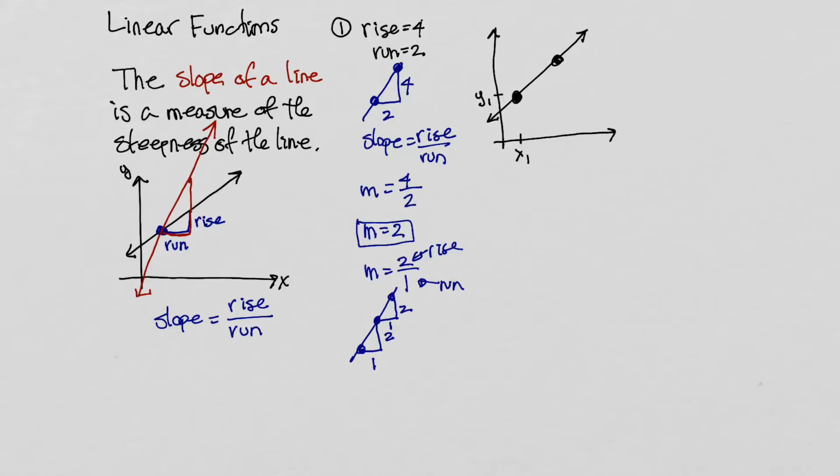So there's an ordered pair here, x1, y1. Same for this point, it has an ordered pair. Let's say this is at x2 for the second x, and y2 for the second y. So when you see subscripts like this, the subscript is just a name for this one. It's the first x, the second x, the first y, the second y.